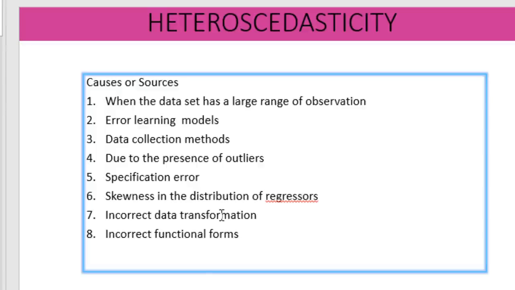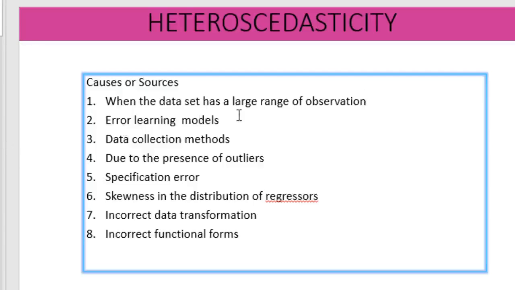Then incorrect data transformation: if we use an incorrect transformation, there will be heteroscedasticity. If the functional form used is not correct, then also there will be the problem of heteroscedasticity. So the first cause is when the data set has a large range of observations.